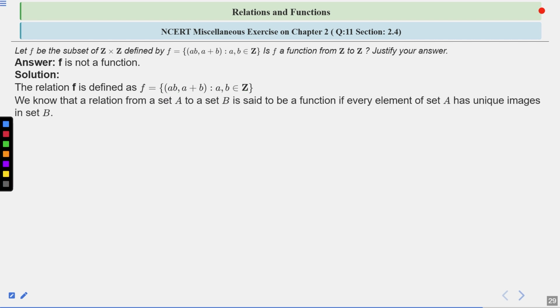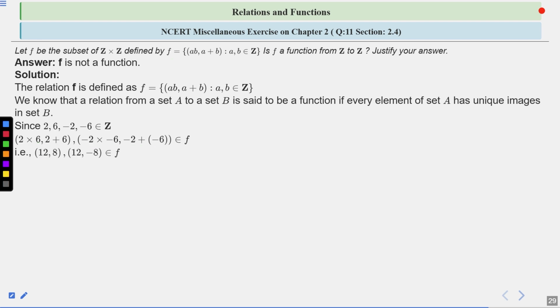Now, we know that a relation from set A to B is said to be a function if every element of set A has a unique image in set B. Just pick some integers, say 2, 6, minus 2, minus 6. Now, 2 times 6, 2 plus 6 is some ordered pair in the set F. Minus 2 times minus 6 and minus 2 plus minus 6 is another ordered pair in the set F.